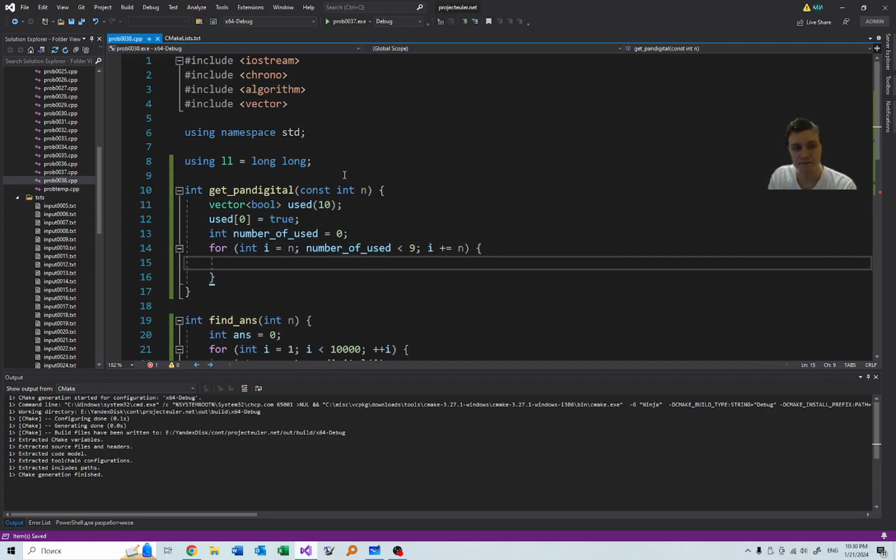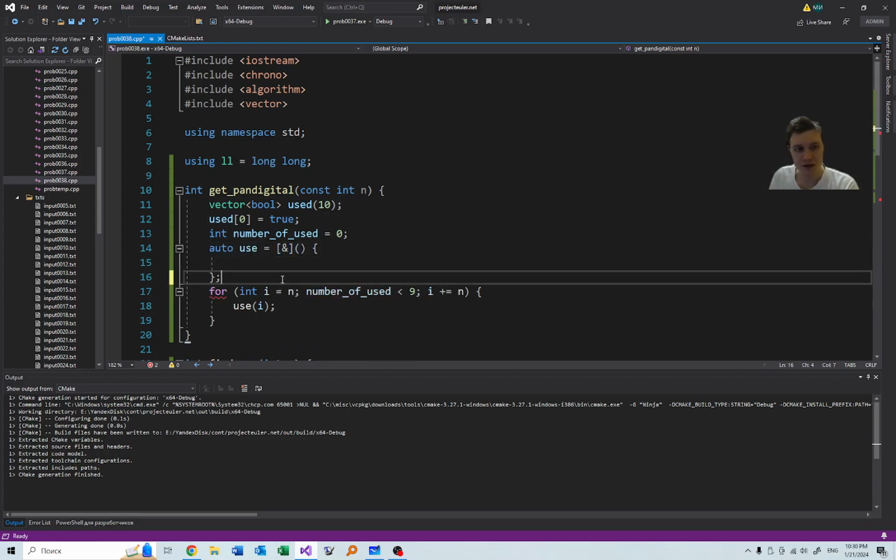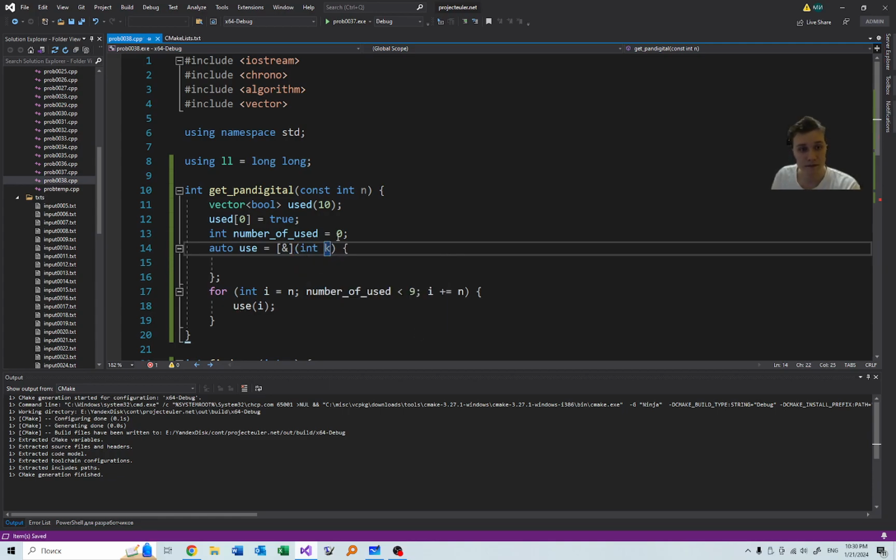Okay, here we need to say that we use number I. So there will be a function use, which takes a number, stores its digit in this array, updates this number of used, and if something strange happened, for example, we have a digit which we already saw, then this number of used becomes infinity. So it becomes greater than 9 and we break.